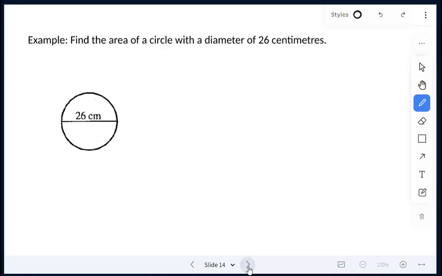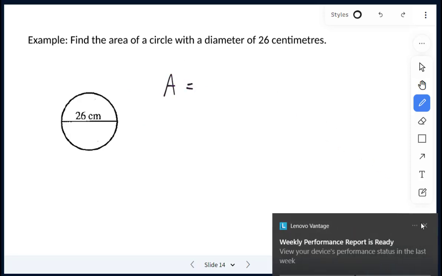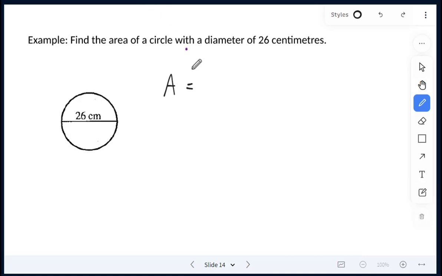So let's look at our first example here. Find the area of a circle with a diameter of 26 centimeters. All right, so it's diameter that is given to us. For the formula, area equals pi r squared, we need our radius. Our radius is half of the diameter, so 26 divided by 2, therefore 13 centimeters is our radius.